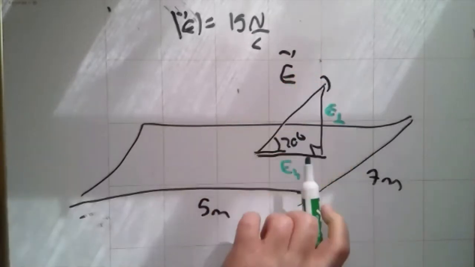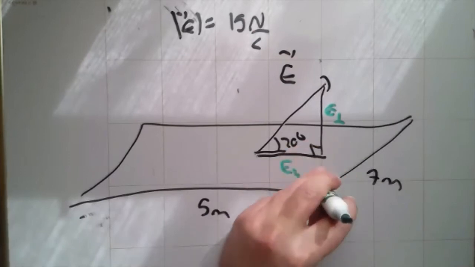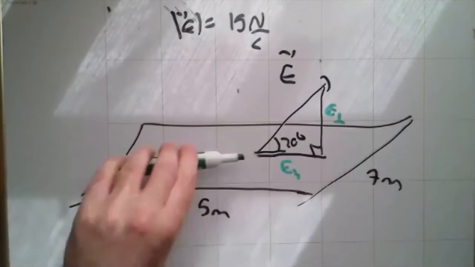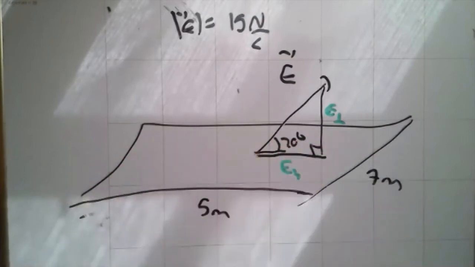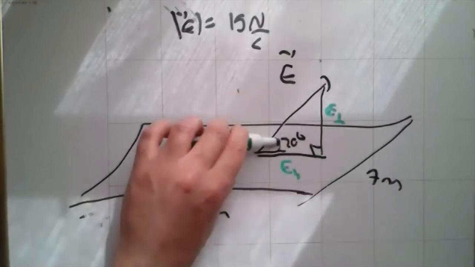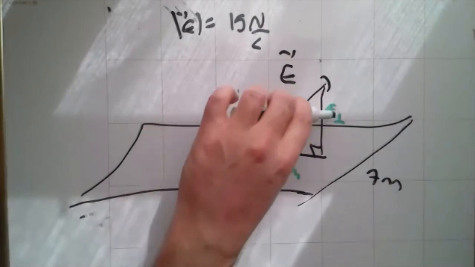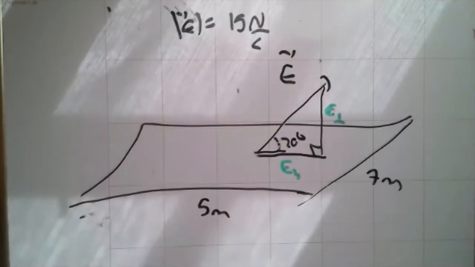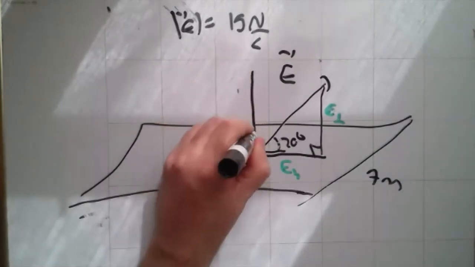I want to measure how much E is flowing straight through the surface, not running parallel with the surface. Across from the 20 degrees here is the one I'm looking for. That would be sine of this angle, because that's not the right angle. I want to measure this angle.